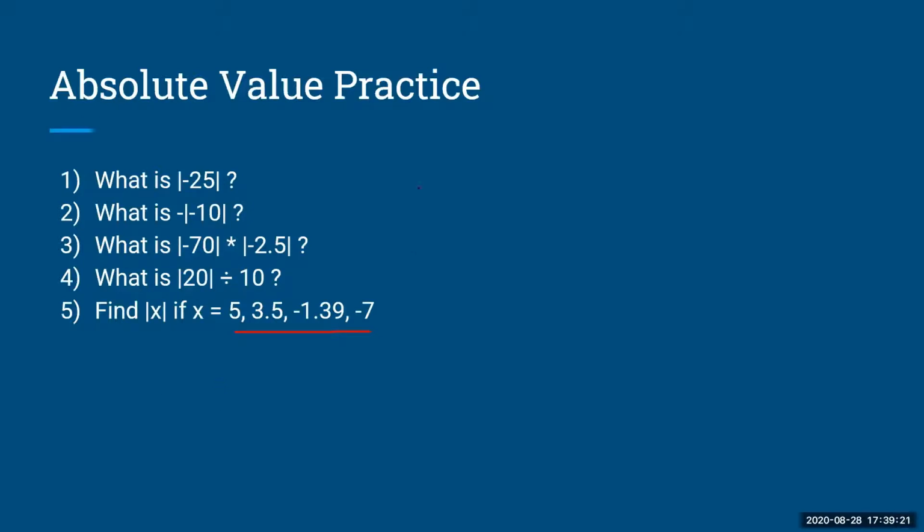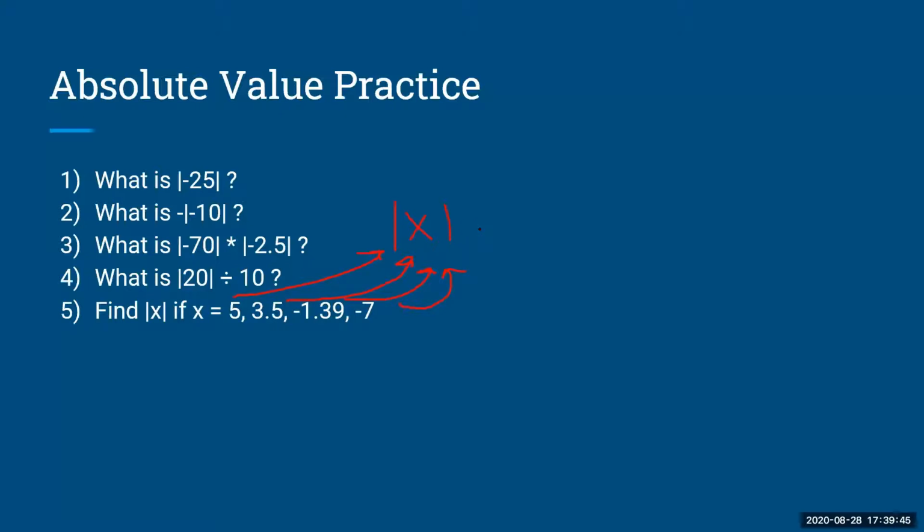So it says find the absolute value of x if x were equal to these 4 values. I'm going to cover them up. But find the absolute value of x if it equals one of these 4 values. So your answer would have 4 answers. Just plug it in one at a time, and then you would get 4 separate answers. Yeah, Catherine's got it. That's what it means.